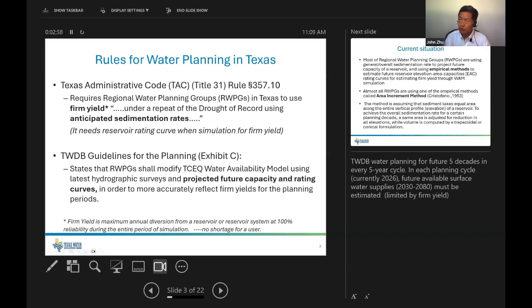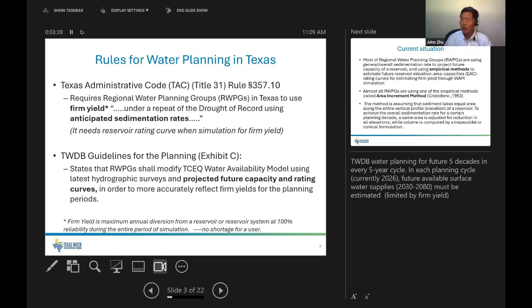So first, about the statutory requirement, the rule of water planning in Texas. Texas Administrative Code Chapter 357.10 requires the regional water planning groups in Texas to use firm yield under repeated drought of record, using anticipated sedimentation rate for estimating the reservoir water availability.